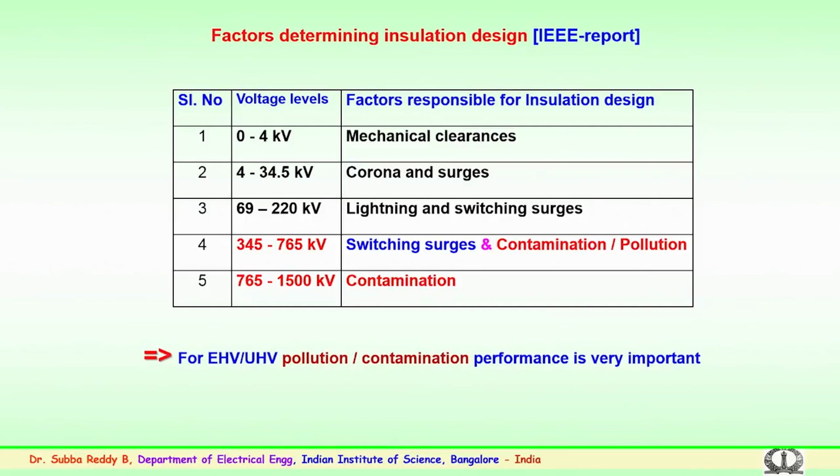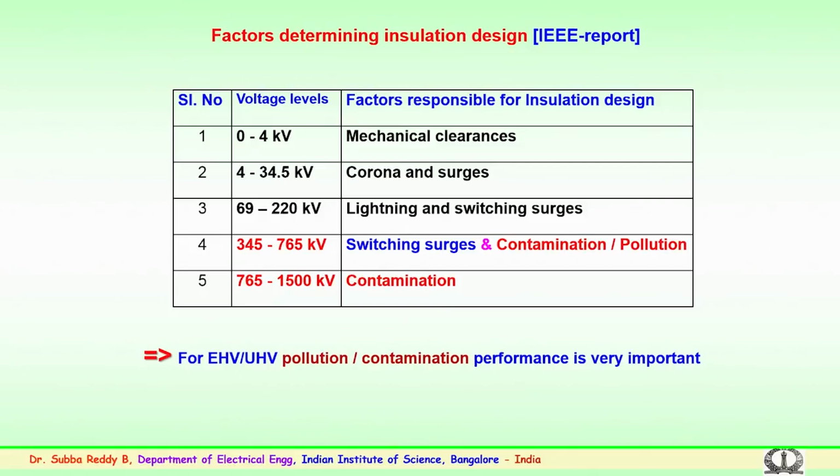Further, from 220 kV level up to 765 kV, you can see that apart from lightning, switching surges play a much greater role in the line design, and you can also see contamination or pollution. Contamination or pollution dominates above 400 kV and higher voltage levels, which we call EHV, extra high voltage, or ultra high voltage range.